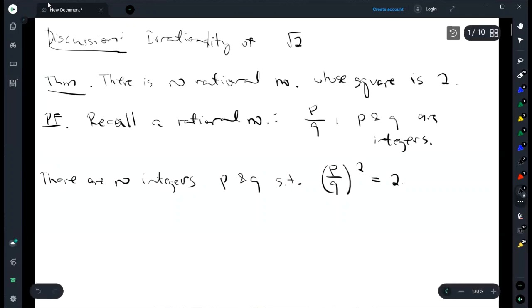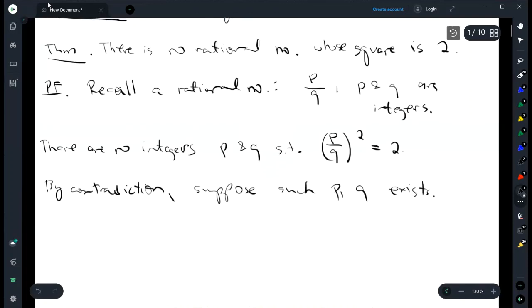Now, to prove this, let's do proving by contradiction. So by contradiction, suppose such integers P and Q exist. And let's make a further assumption.